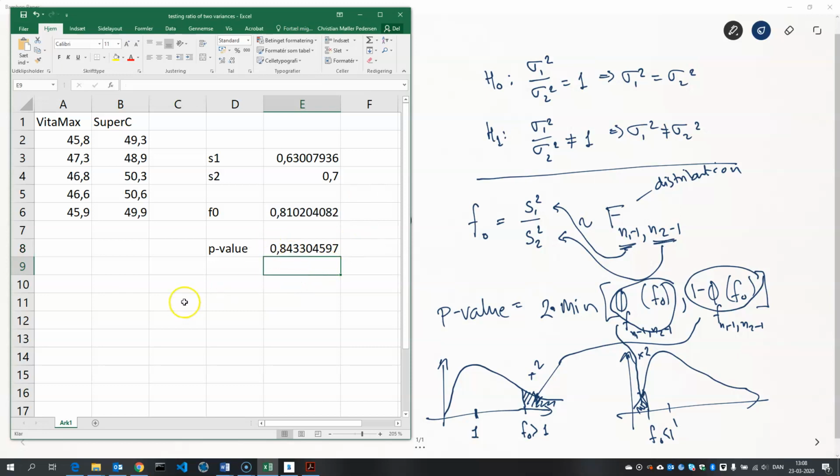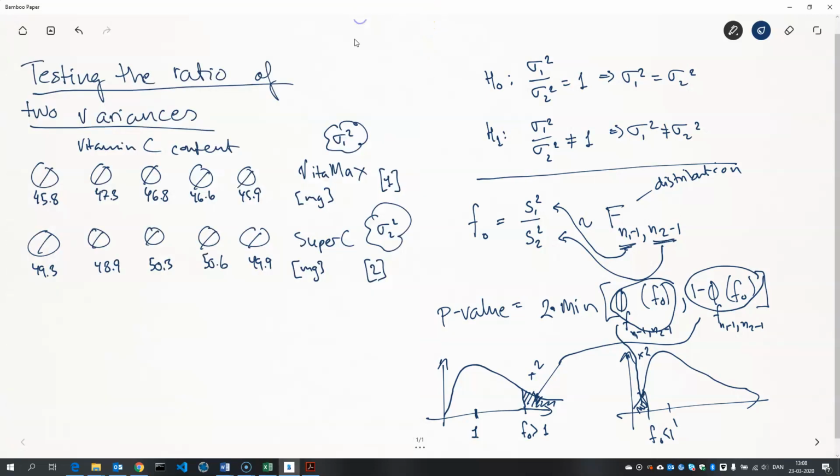So we get a p-value which is roughly 84%, sorry. And if we have a level of significance which is 5%, then we cannot reject the null hypothesis, because the p-value is larger than alpha, way larger.